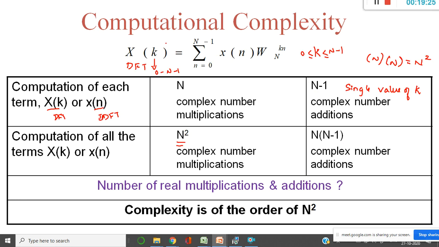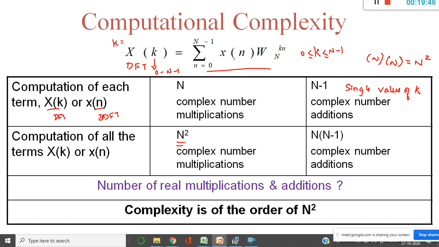To calculate x of 0 or x of 1, x of 2, for only one value of k, just observe here. I could have explained this directly, but if I go for simplifying, I thought you will understand in a much better way.